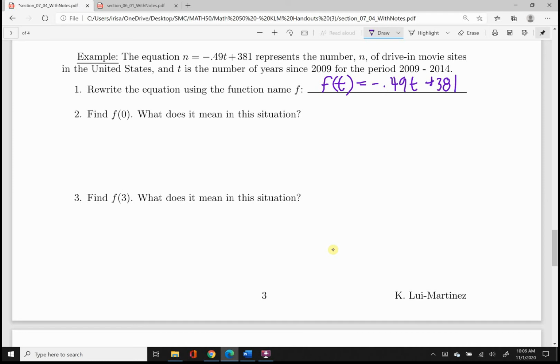All right, great. So what does f of 0 represent in this situation? And we need to find its value. So f of 0 is negative 0.49 times 0 plus 381.